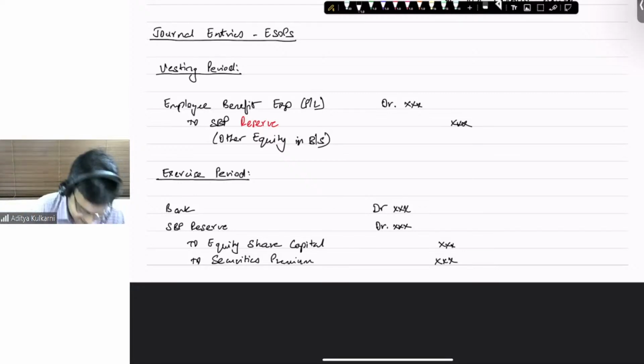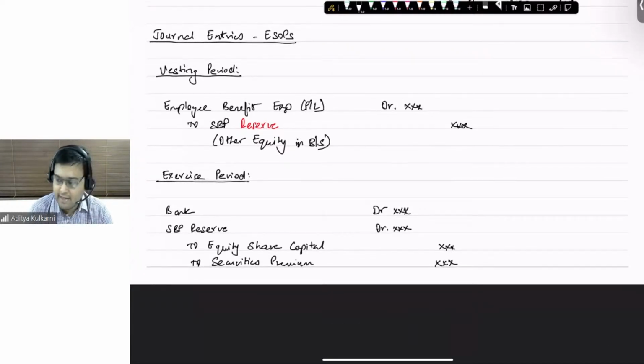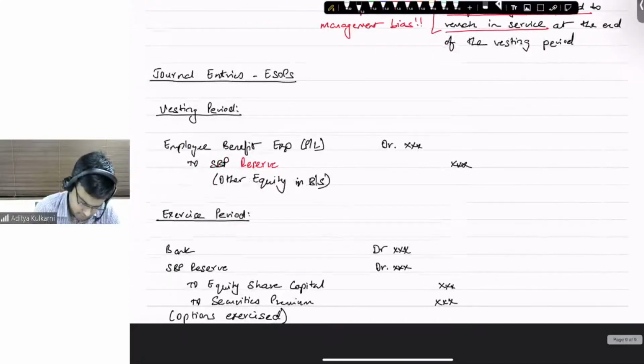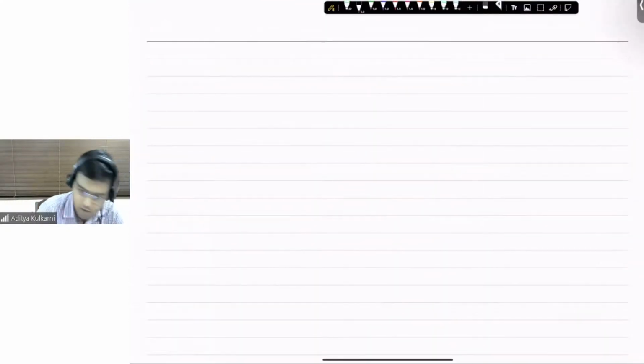So you're having exercise period: bank account debit, SBP reserve debit, to equity share capital, to securities premium. This is the entry in the exercise period, in respect of options exercised. And then you're having another entry, options lapsed.